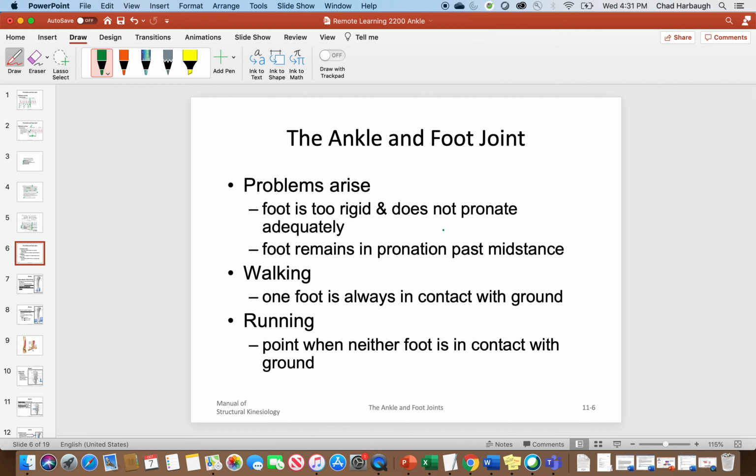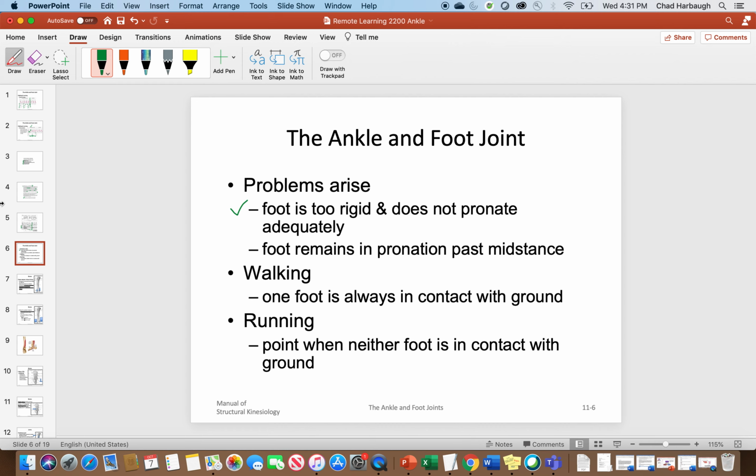When we look at problems that arise, the primary one is that we see stiffness in the ankle, and then we usually have some sort of a pronation problem. And pronation, again, means that we're going to see lack of dorsiflexion, lack of adduction or abduction, and eversion.